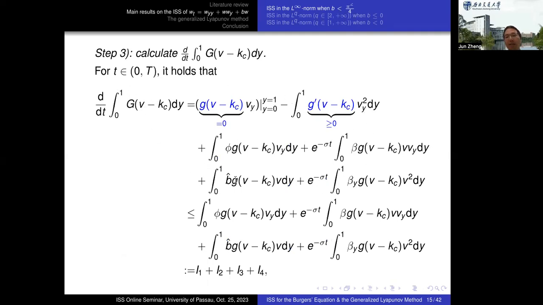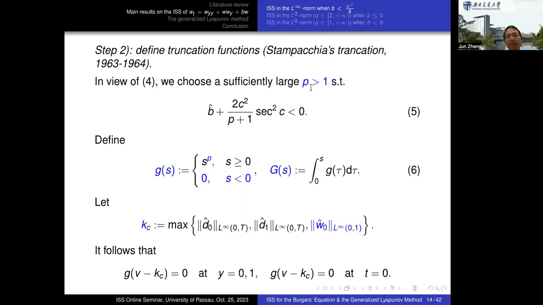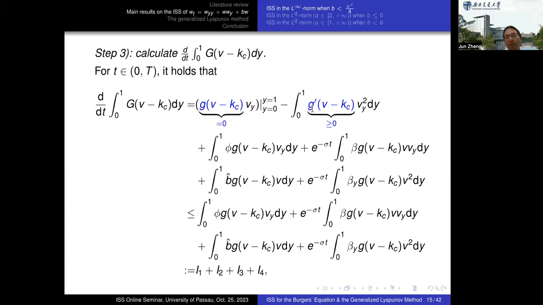Here there are 6 terms, but for the first term, because of G V minus Kc is 0 on the boundary of the domain, so the boundary terms can be easily handled. In fact, it is 0. And for the second term, because P is strictly less than 1, so Gs is an increasing function with respect to S. So the derivative of G is positive.